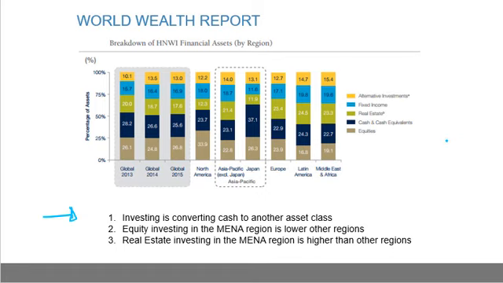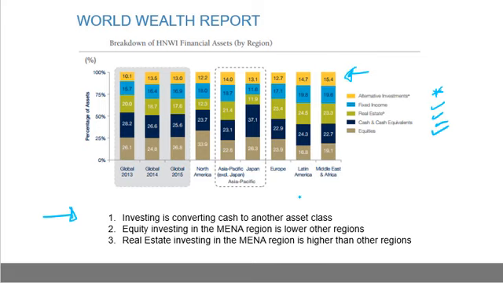So here I have a graph from the World Wealth Report, published by Capgemini. The reason I wanted to show this is because it shows different asset classes that people invest in, for example equities, fixed income, real estate, cash and cash equivalents. Then we've got this category of other alternative investments, which is typically a fairly small percentage globally.